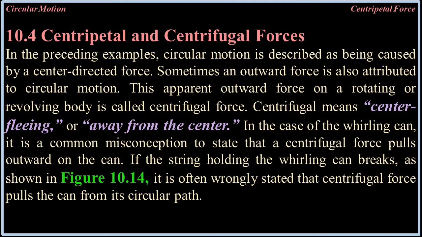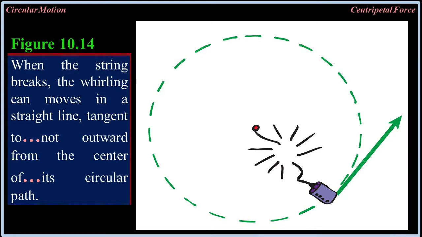In the case of the whirling can, it is a common misconception to state that centrifugal force pulls outward on the can. If the string holding the whirling can breaks, as shown in Figure 10.14, it is often wrongly stated that centrifugal force pulls the can from its circular path.